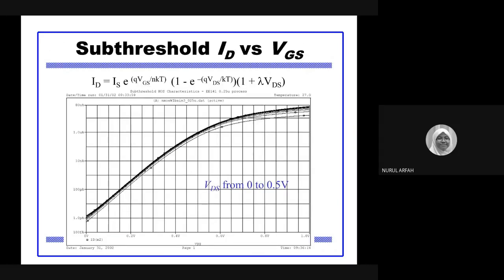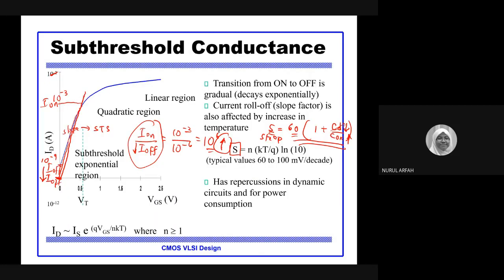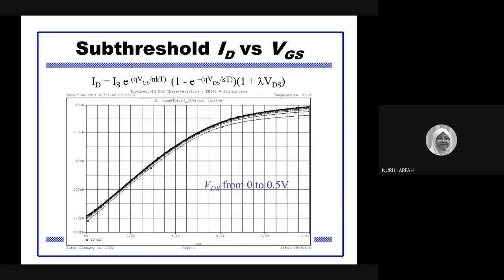I think that one is just for the subthreshold. This one is another equation for subthreshold, ID versus VGS. This one is also ID versus VGS in log scale, from 0 to 0.5 VDS. If you look here, this is the I offset, the off current.